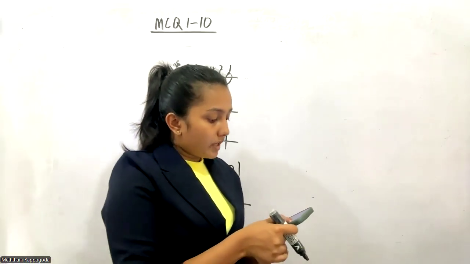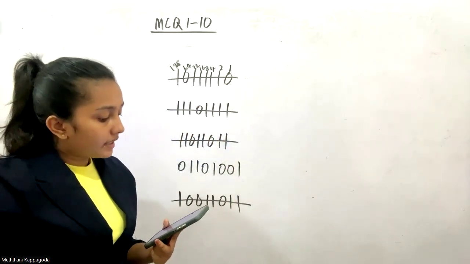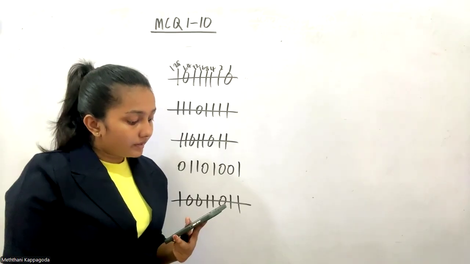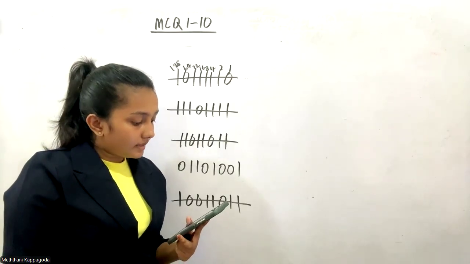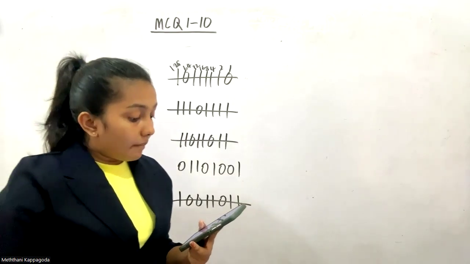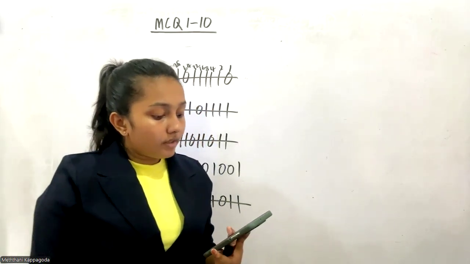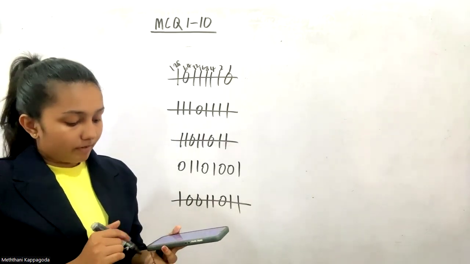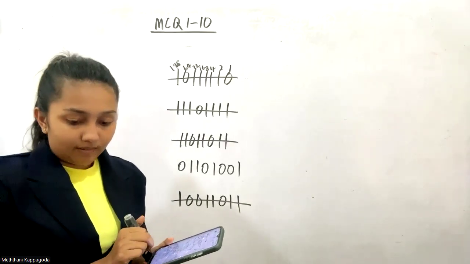Okay, then question number 6. What is the incorrect statement from the following about the IP address 10.16.3.65/23? The subnet address is 10.16.3.0, right? Before that, we have to do the calculation.